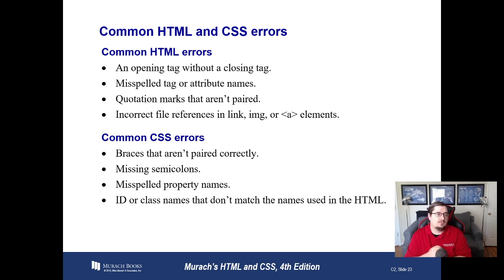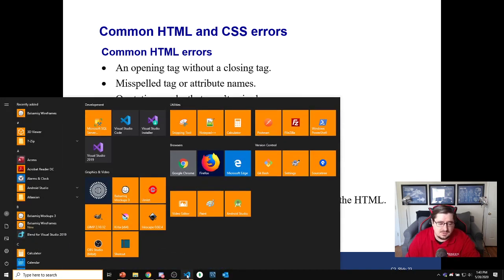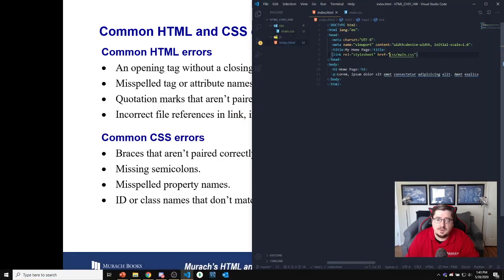Be careful to not misspell the tag name as well as the attribute names. That will cause you some issues, even if they're just one character off. With the tag names and the attribute names, please make sure that they're all lowercase. The one exception to that rule, as you saw with the HTML, is that we typically make DOCTYPE uppercase.